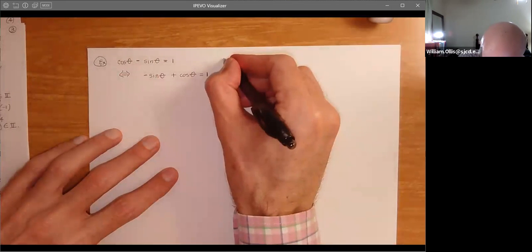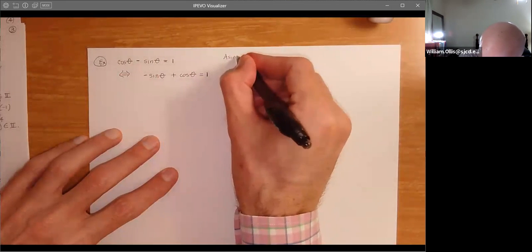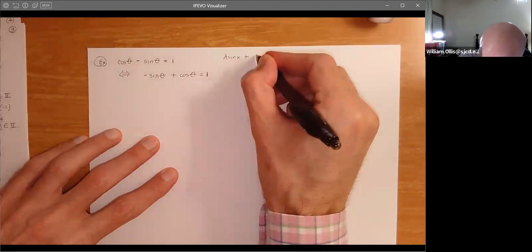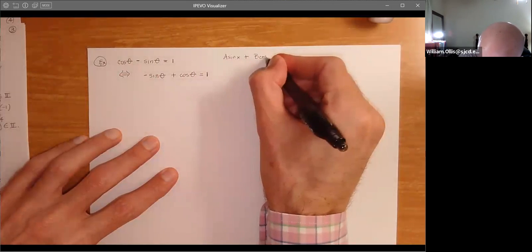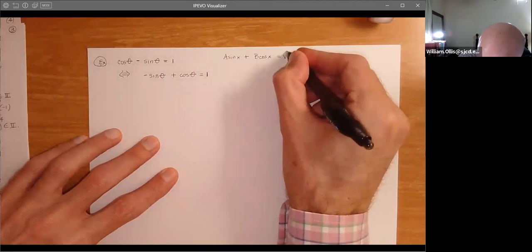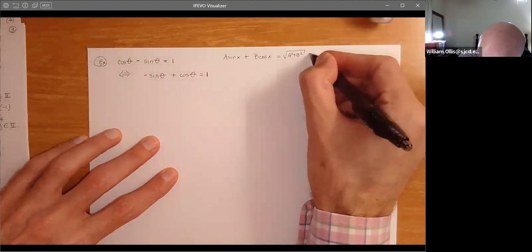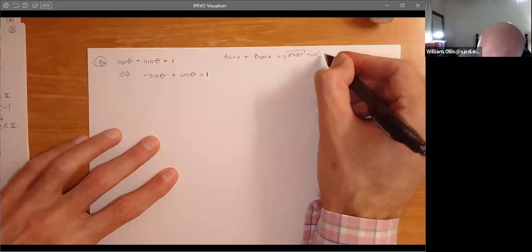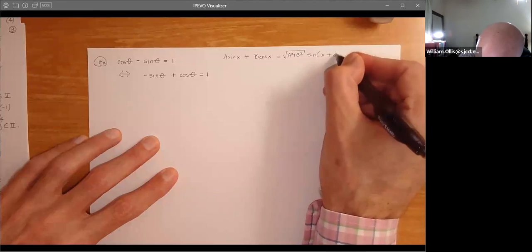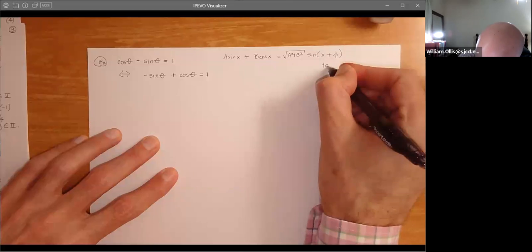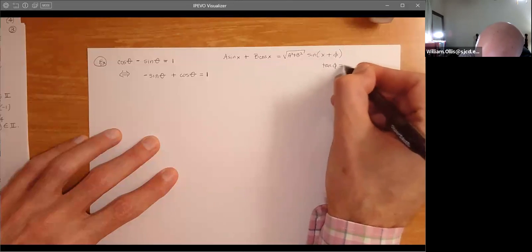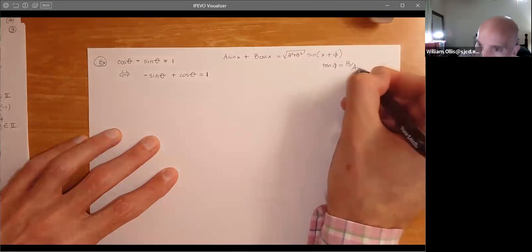So remember, we had a sine x plus b cosine x equals the square root of a squared plus b squared sine of x plus phi, again, where tangent of phi equals b over a.